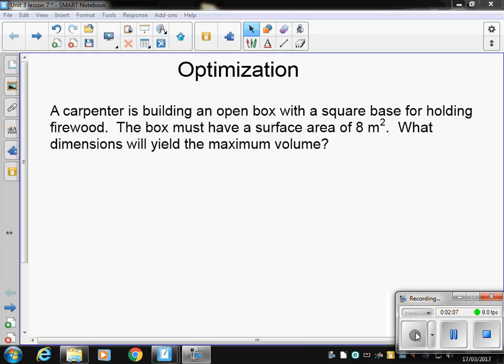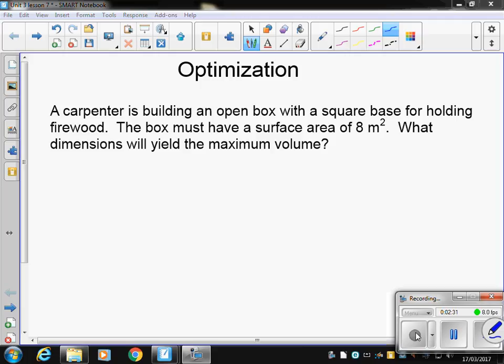This optimization question about a carpenter I don't have written down for you on your handout, so I'll let you write it while I try and draw this diagram of a box. A carpenter is building an open box with a square base for holding firewood. The box must have a surface area of 8 meters squared. What dimensions will yield the maximum volume?